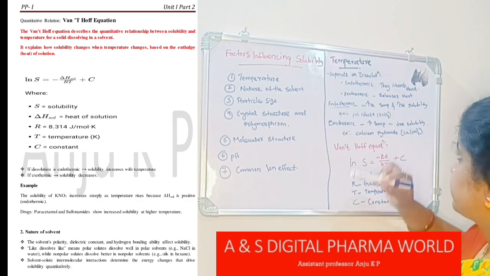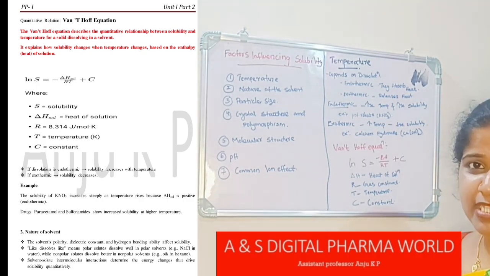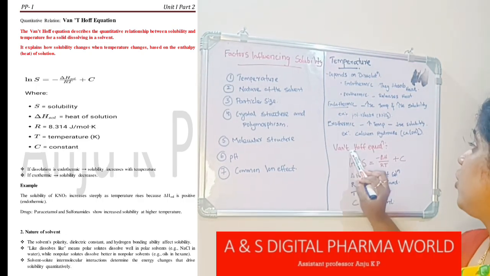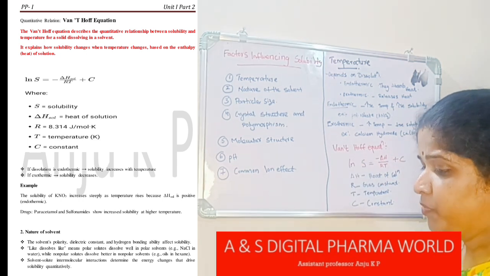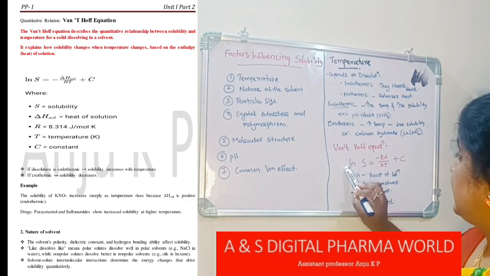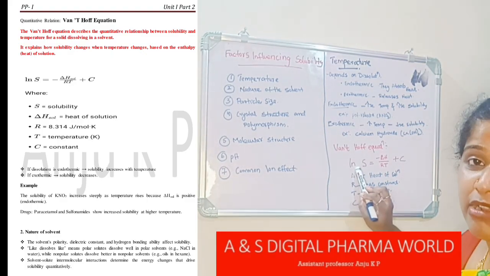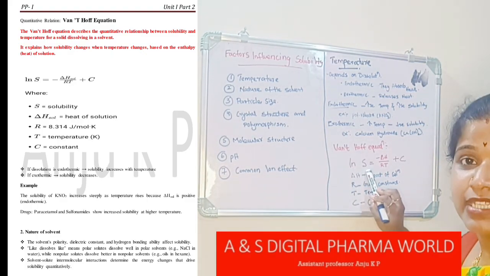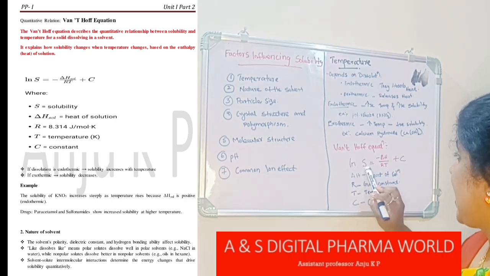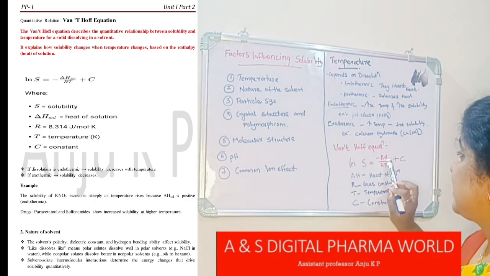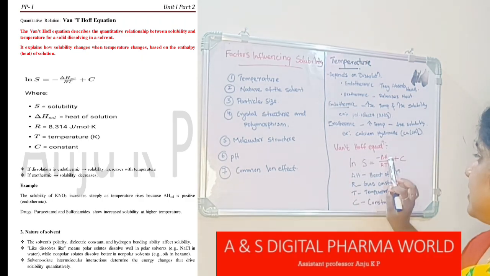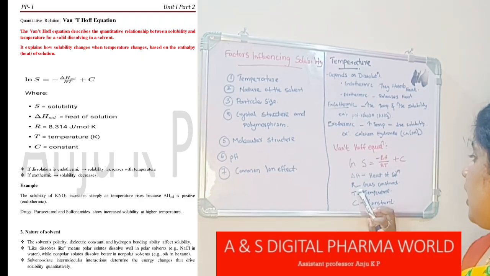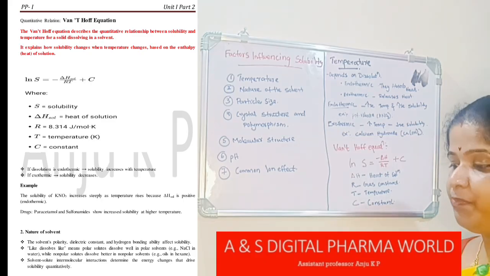Overall, for temperature you have to remember the Van't Hoff equation: ln S = -ΔH/RT + C, where S is solubility, ΔH is the heat of solution, R is the gas constant, T is the temperature, and C is a constant.